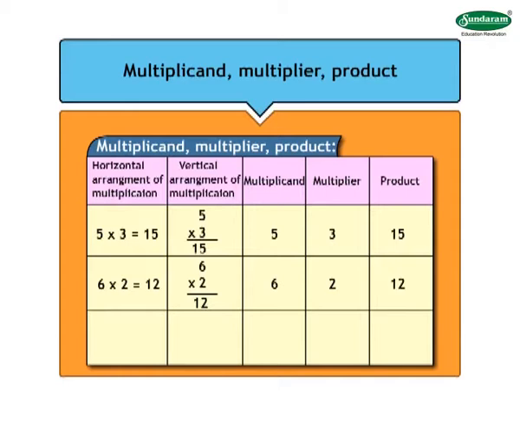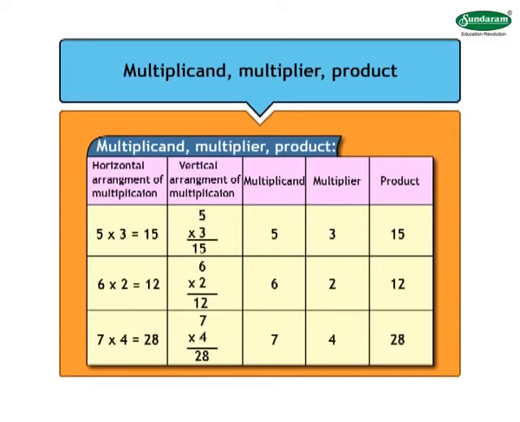The next example is 7 into 4 is equal to 28. Here, when we say the 7 times multiplication table up to 7 fours are, we get the answer as 28. Therefore, 7 is the multiplicand, 4 is the multiplier, and 28 is the product.